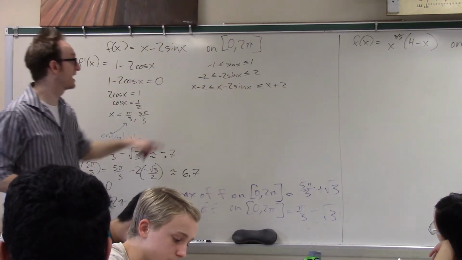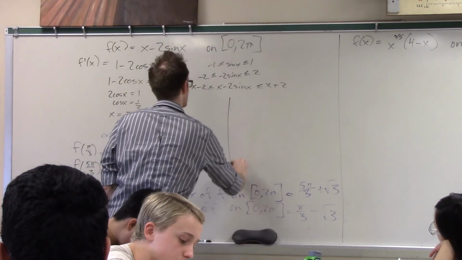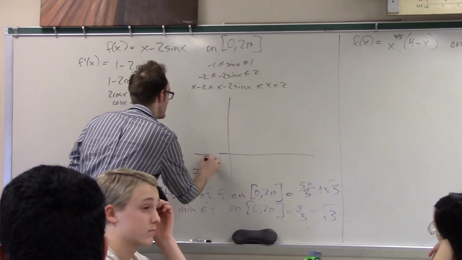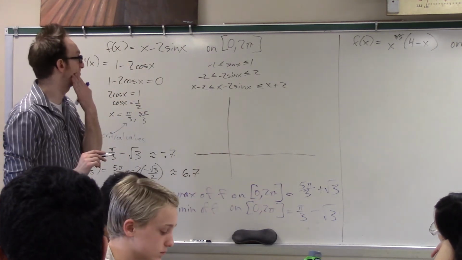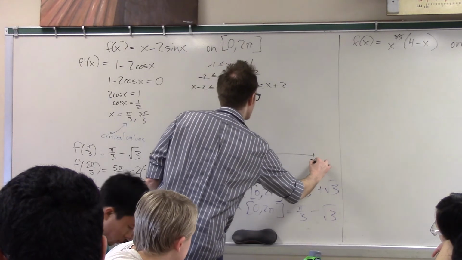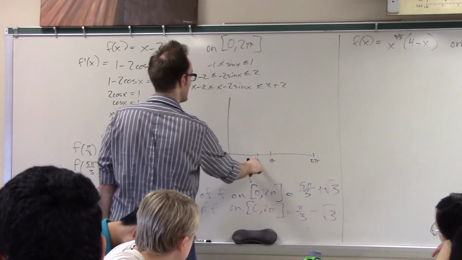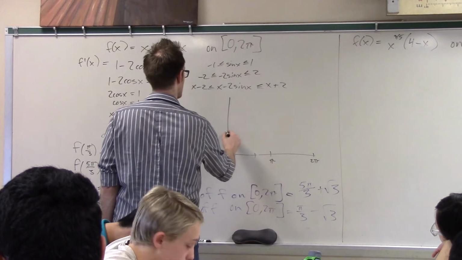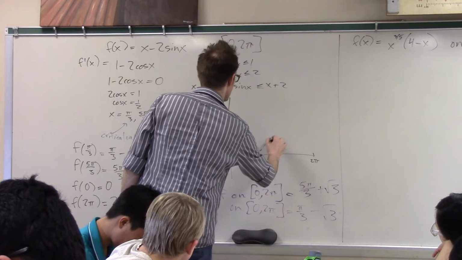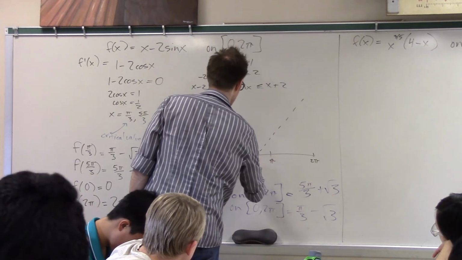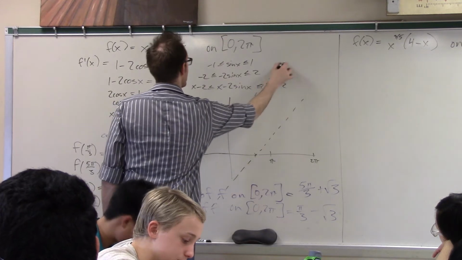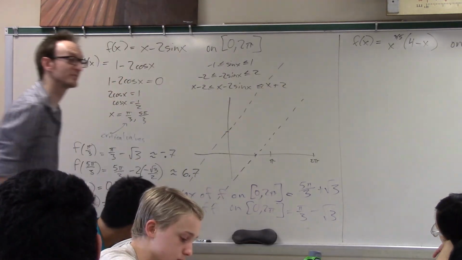In other words, if I wanted to make a really good graph of this function, and I do, then I know that it's going to be bounded between, let's see, this is pi, this is 2 pi, so 2 is probably around there-ish, and so I know that the line x minus 2 and the line x plus 2 is an envelope for this thing, right?